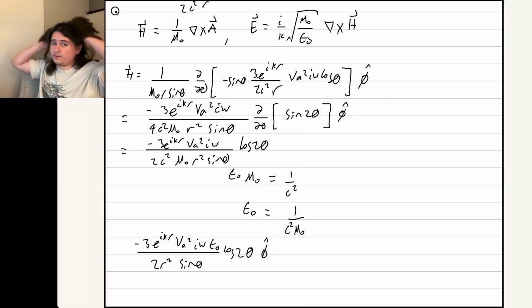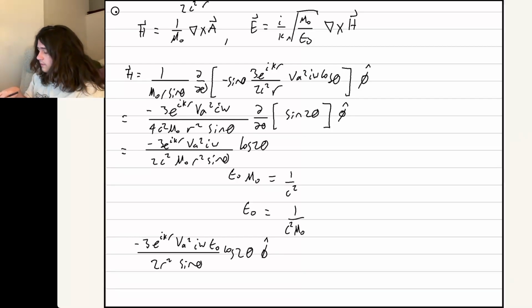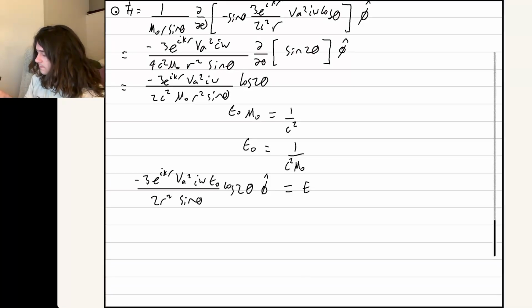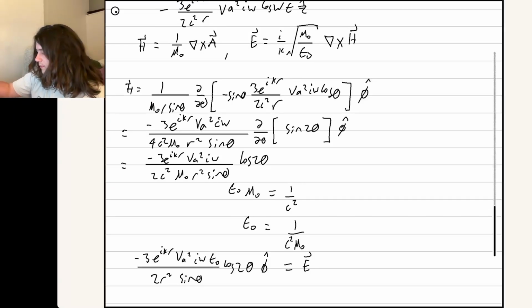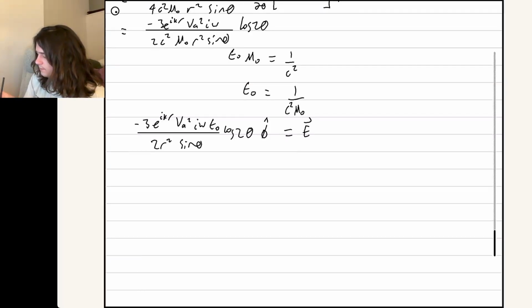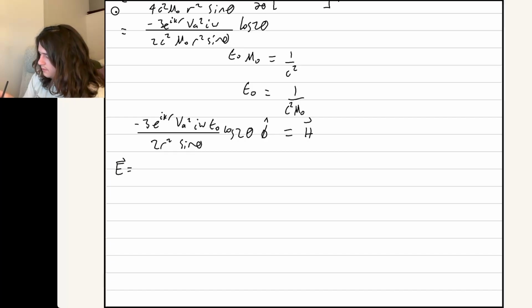So we can go ahead and move on to the electric field, which is going to be, in this case, again, i over k root mu naught over epsilon naught times the curl of h. So that was h that we did there, not e. E is i over k times square root of mu naught over epsilon naught.